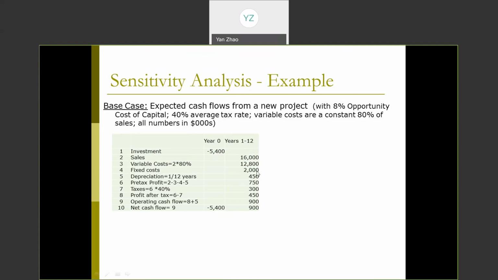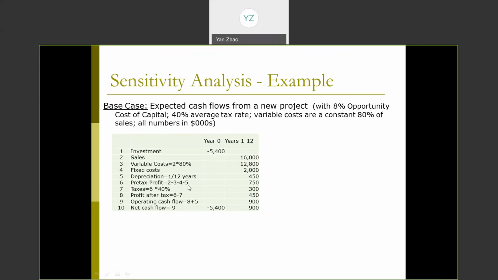Fixed cost, our expected number is $2,000. Depreciation is your initial investment divided by the length of the project. In this project, the project lasts for 12 years. So depreciation will be your initial investment divided by 12 years, $450.